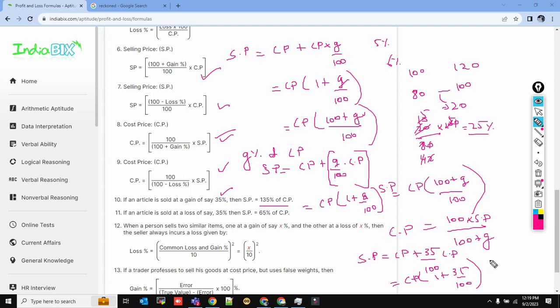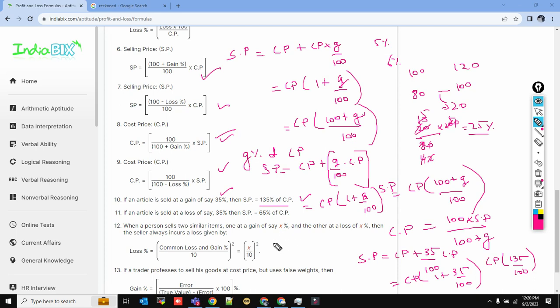If we take LCM, this will be cost price into 100 plus 35, 135 by 100. So this is 135% of cost price. Similarly, if you sell it at a loss of 35%, your selling price will be 65% of cost price.